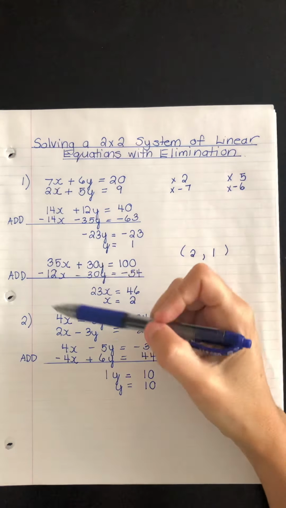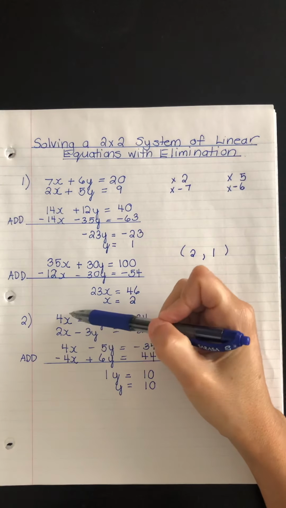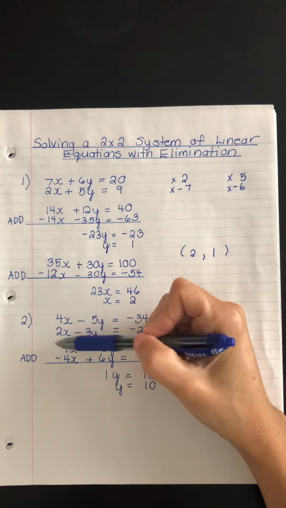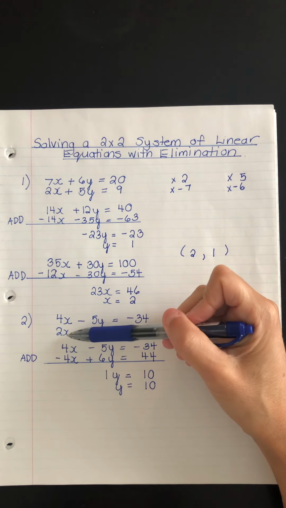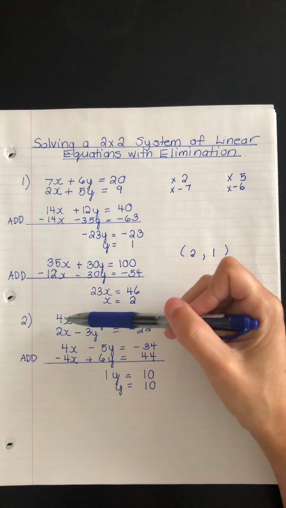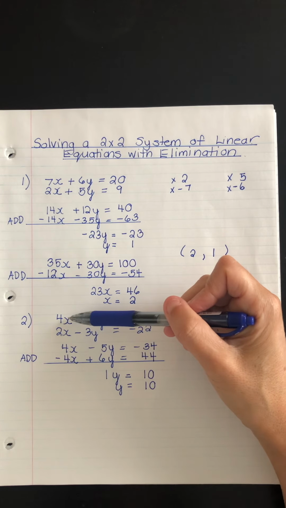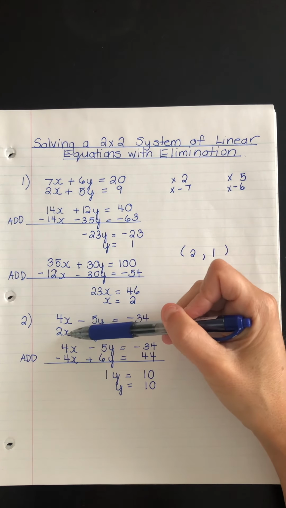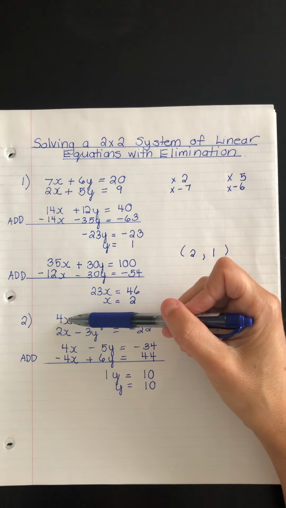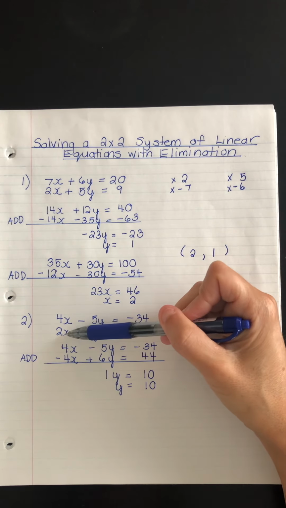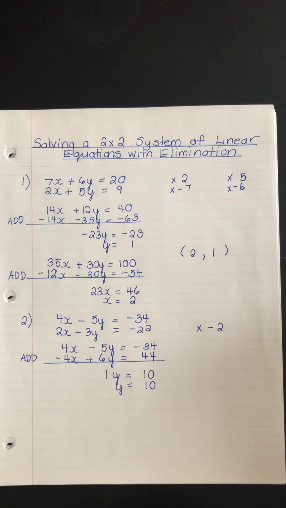I want to point out you could have done something different. For example, maybe you wanted to make the top coefficient negative 8 and the bottom coefficient positive 8. So that would work as well. So you could multiply the top equation by negative 2 and the bottom equation by positive 4. And that would give you a negative 8x here, a positive 8x here, and then you could have added the equations.